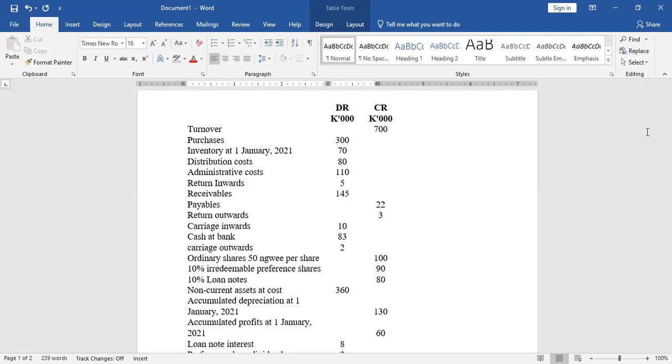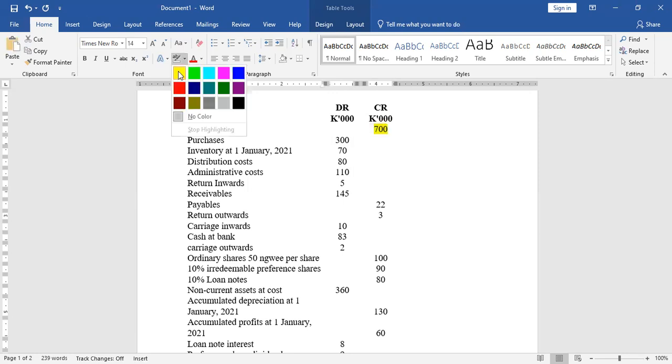So for now, let's start with the first item in the trial balance for Doggie. The first item is turnover. Turnover is income. Remember, I said turnover is as good as sales or revenue. I'm indicating those that will go in the income statement in yellow, so that there is no confusion.